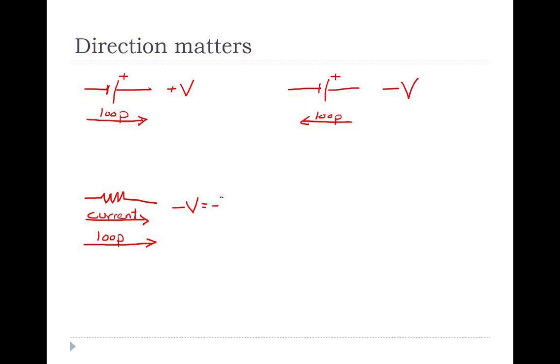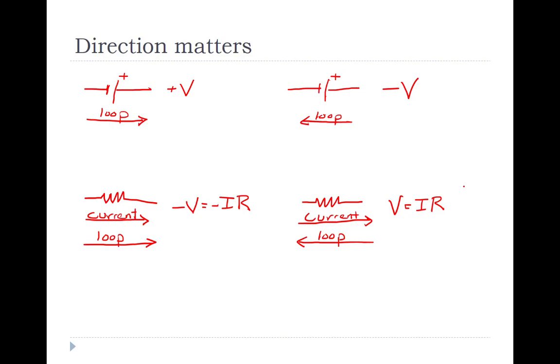But using Ohm's law, we know that that will be a negative IR added to the equation. On the other hand, if you have your current in one direction and your loop going opposite the current, then when you write your loop equation, you add voltage. So V equals IR.